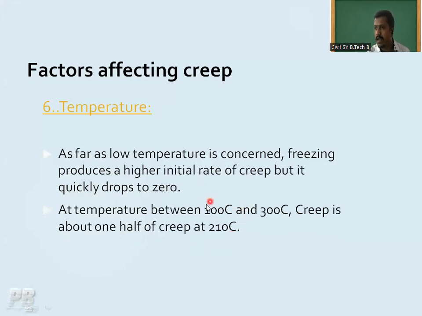It is not 100. I have to correct it. The degree sign is a little bit wrong in this presentation. It is not 100 to 300 degrees centigrade, it's 10 to 30 degrees. And if the temperature is in between 10 to 30 degrees centigrade, the creep is about one half of the creep at 21 degrees centigrade.